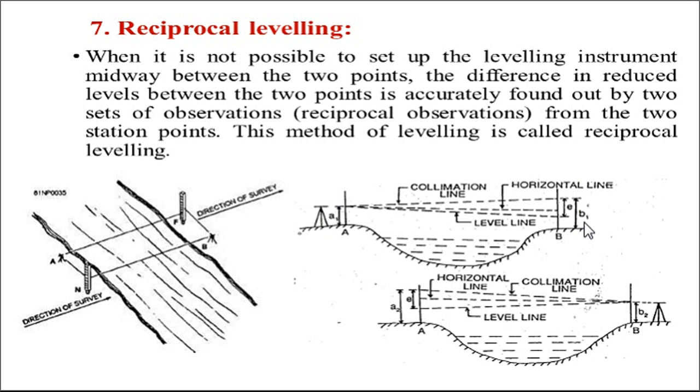So this is one set of readings, and for another set we have to shift the instrument very near to B and take the reading on point B, say B2, from the second position, and this is A2 for the second position. So by these reciprocal observations we can find out the level difference between point A and B. Such a type of leveling is called reciprocal leveling.